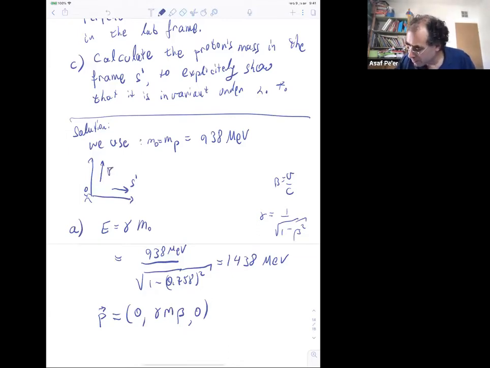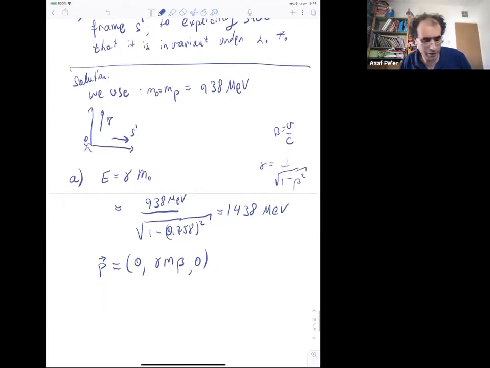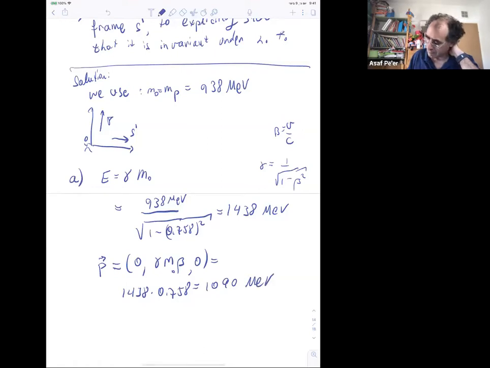So the only non-zero component of the momentum is in the y direction, and this is gamma times m0 times beta. Gamma times m0 is 1,438, so it's 1,438 times 0.758, which is 1090 MeV in the y direction.